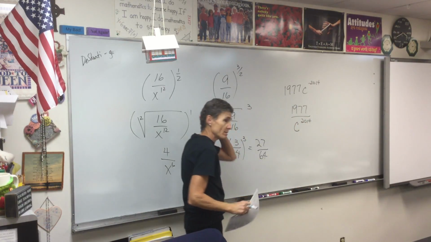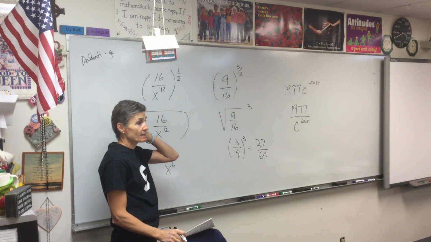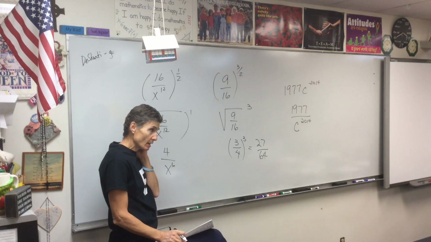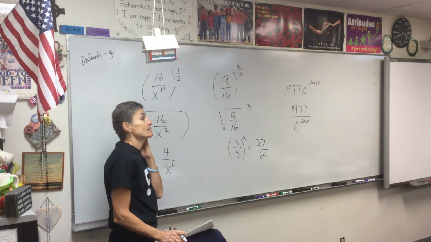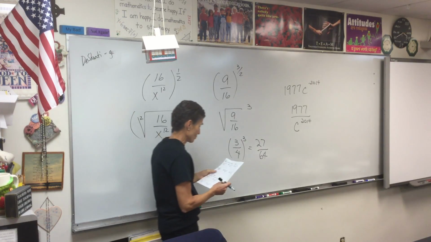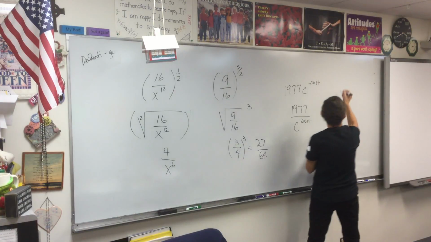Why does the C go to the denominator? Because it has a negative exponent. Why does the 1977 not go to the denominator? Because it doesn't have a negative exponent. Only things with negative exponents change positions.